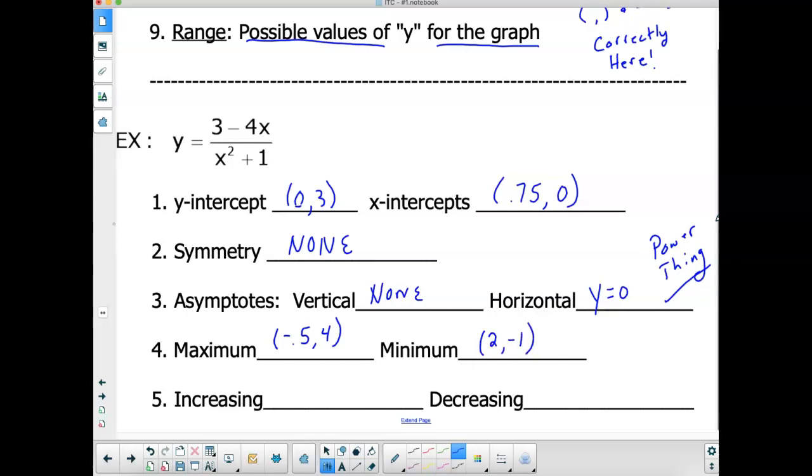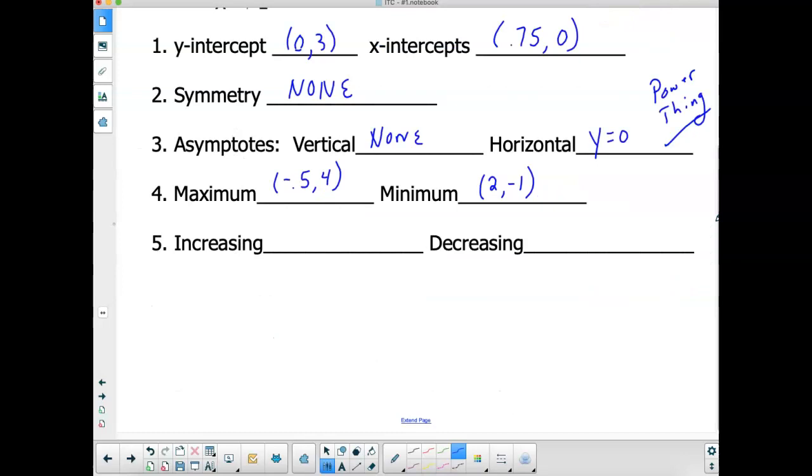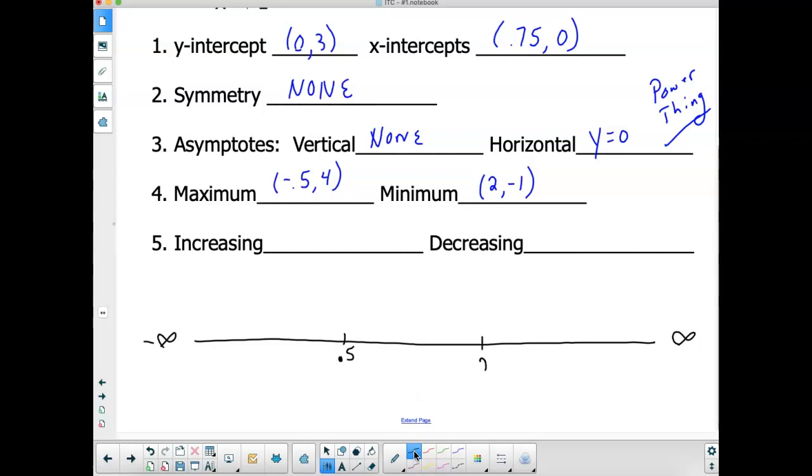Now to see the increasing and decreasing intervals, one thing you can do is draw your own number line. Here's positive infinity. Here's negative infinity. And I had a maximum here at negative 0.5. I had a minimum here at 2.